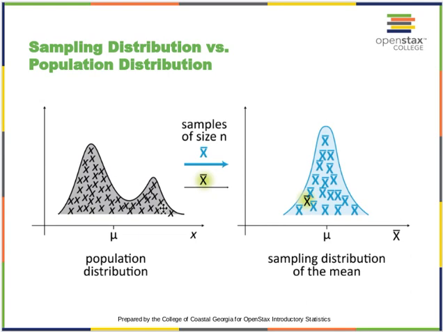A sample is made up of individual observations. Now, instead of looking at a single observation, we're going to look at a single sample and the mean of that single sample. That's why we have the mean here. Now, if we add all those samples together, we end up with this. So think of these as observations and these as samples. It's completely different.